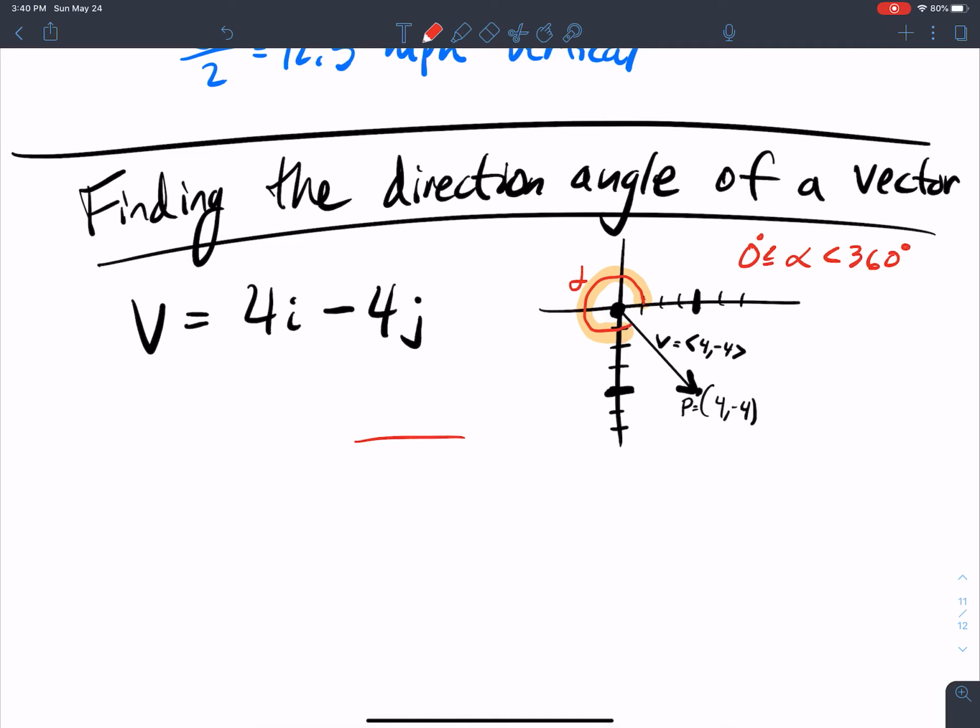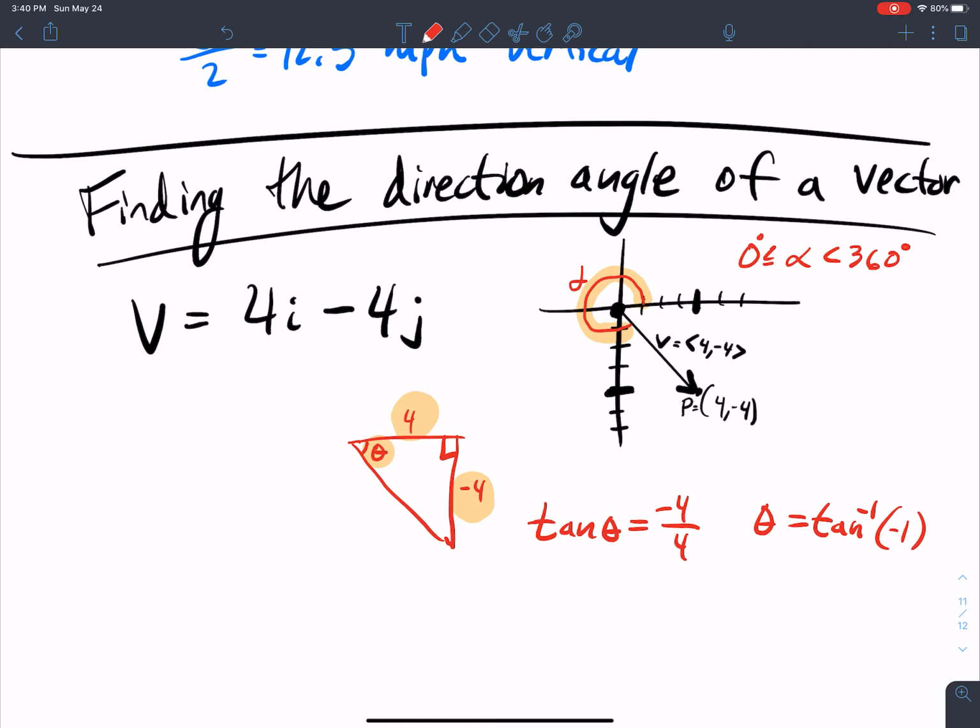Okay, if I draw a right triangle, and I take some angle theta in here, I go over positive 4 and down negative 4. And so what's that going to do for me? Well, I can use the trig function tangent theta. How does tangent relate? It's opposite over adjacent. So negative 4 over 4. So that's negative 1.